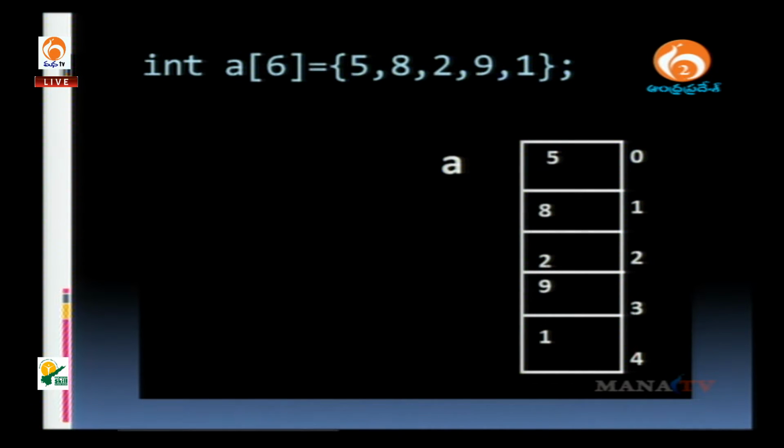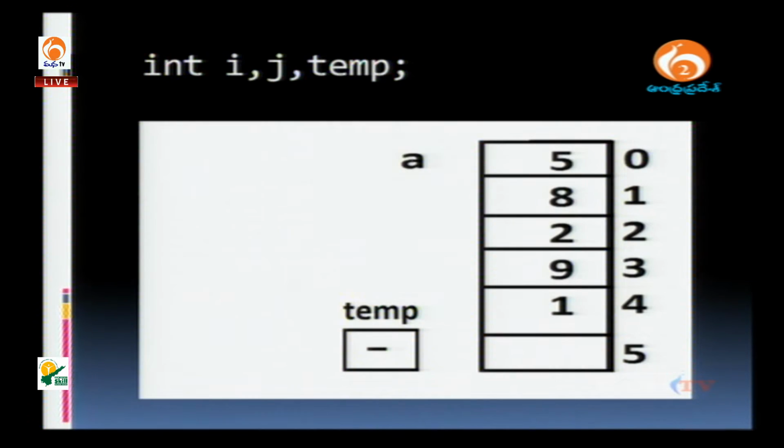Next, we are going to the next statement, that is int i, j, temp. Three variables are created somewhere in the memory: i, j, temp.